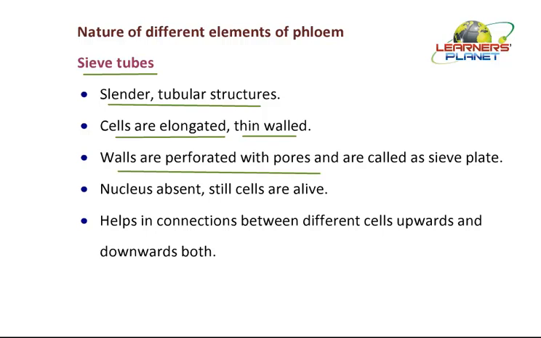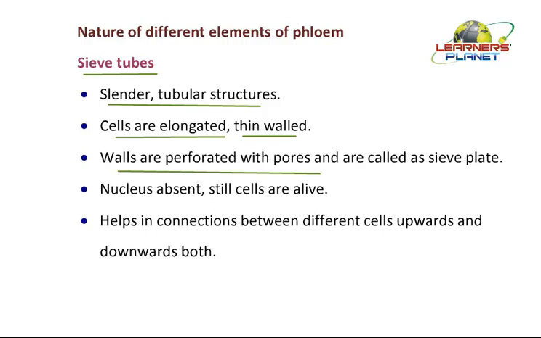What does it mean? This is a very important point, due to which this part of the phloem tissue gets its name. The cells we are discussing here are arranged one above the other, as we have studied in the case of xylem tissue.